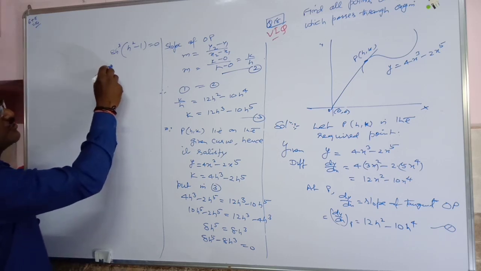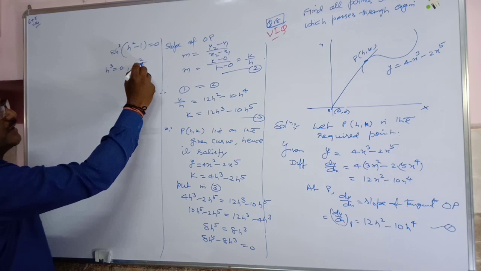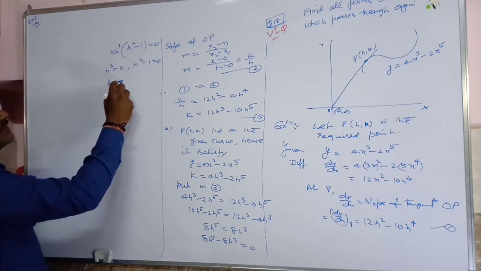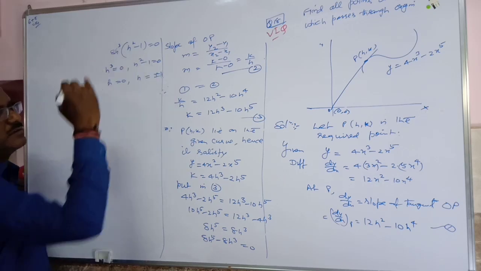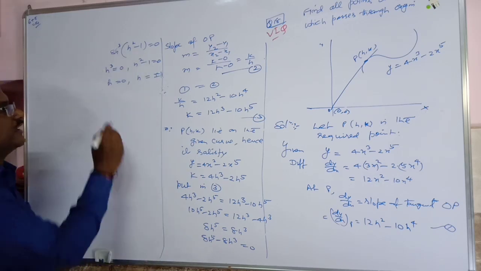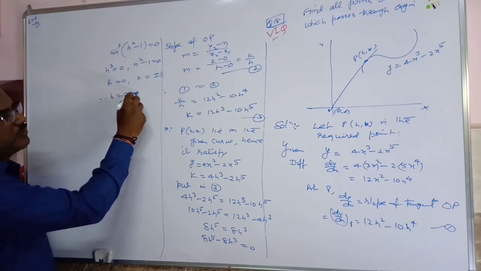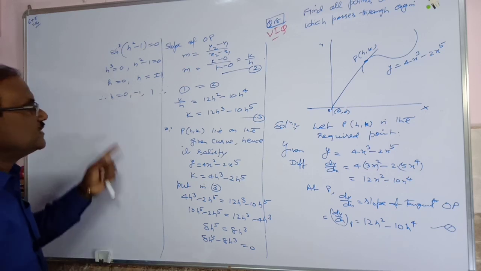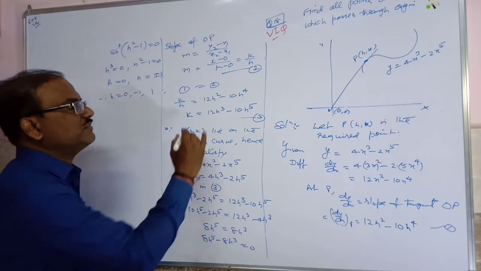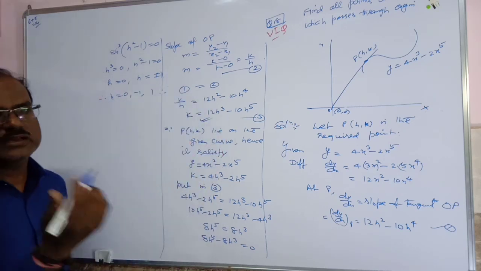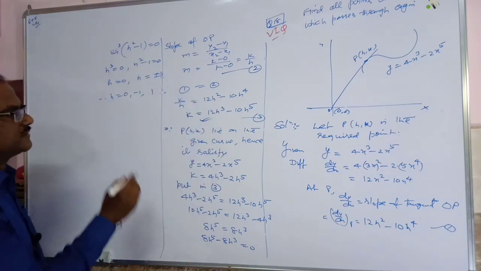Then h cube will be 0, h square minus 1 will be 0. In that sense h is equal to 0, h is equal to plus minus 1 आया हमें. Okay, therefore h has three values, minus 1, 0 and 1, and at all these values we will get the k. By that we will come to the points.